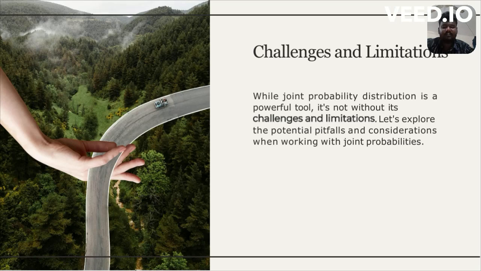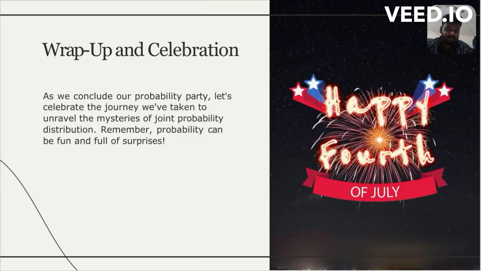In order to determine the joint probability, we first need to determine the probability of each roll. The chance of rolling a 3 on the first die is 1 by 6. The chance of rolling a 3 on the second die is 1 by 6. This is one of the limitations of the joint probability distribution.